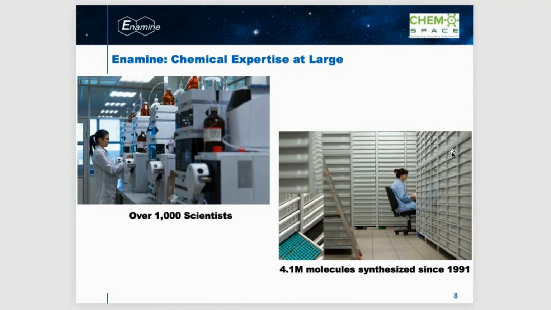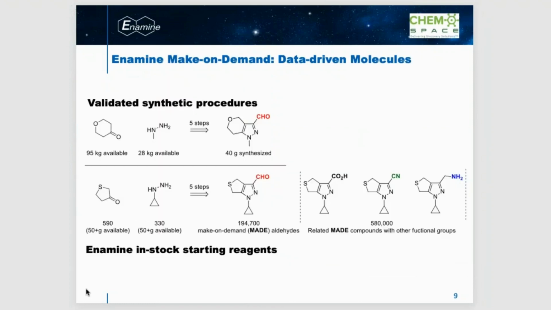And this tremendous chemical expertise that's been generated for more than 30 years allowed the company to synthesize over 4.1 million molecules. So the expertise is actually the basis of Enamine make-on-demand.